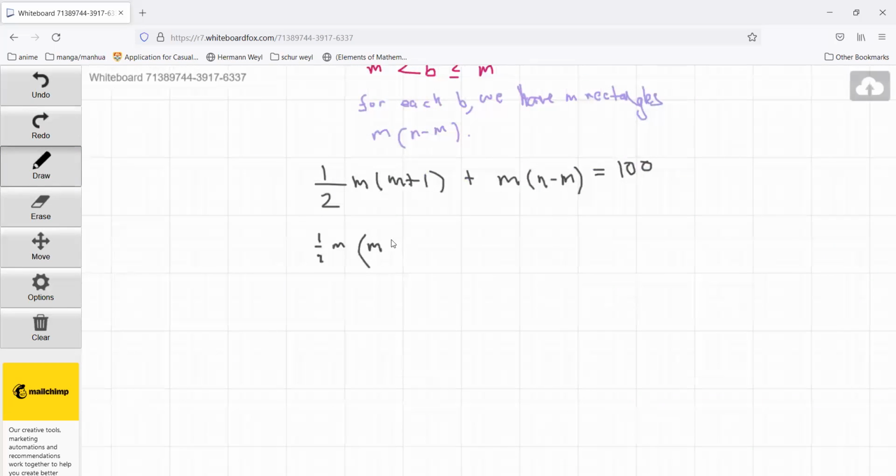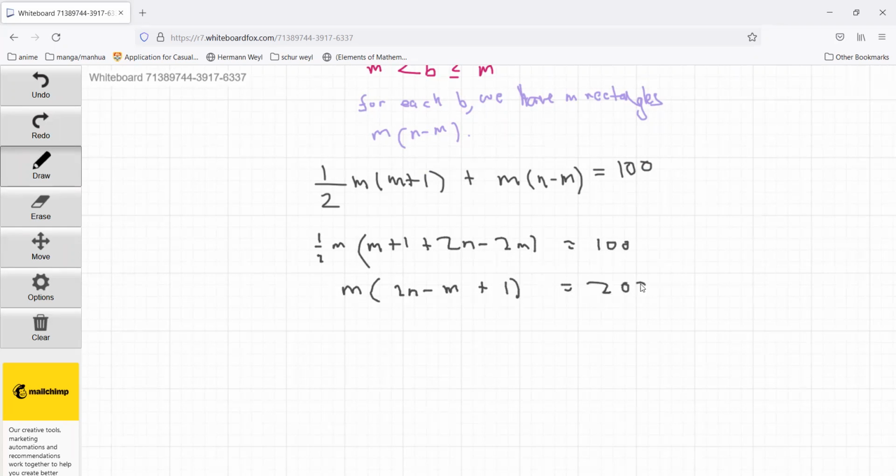We have m plus 1 plus 2n minus 2m equals 100. This gives us m times 2n minus m plus 1 equals 200. So obviously now we just have to look at the factors of 200, right? That'll give us our pairs m and 2n minus m plus 1, which will determine n completely.